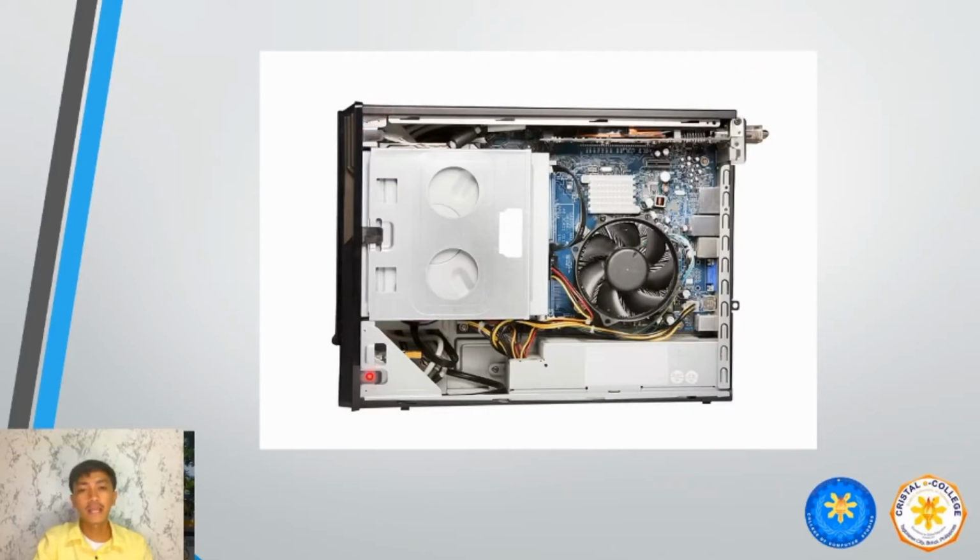So this is a familiar picture. I know that you have seen this before and have made assembly and disassembly of a system unit. This is a system unit with its different components.